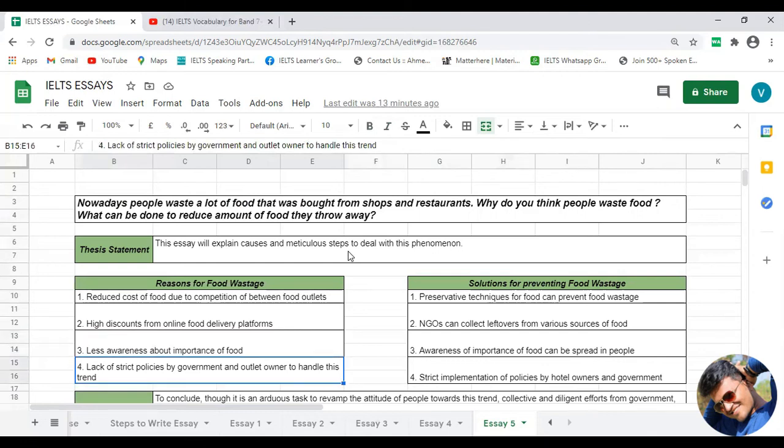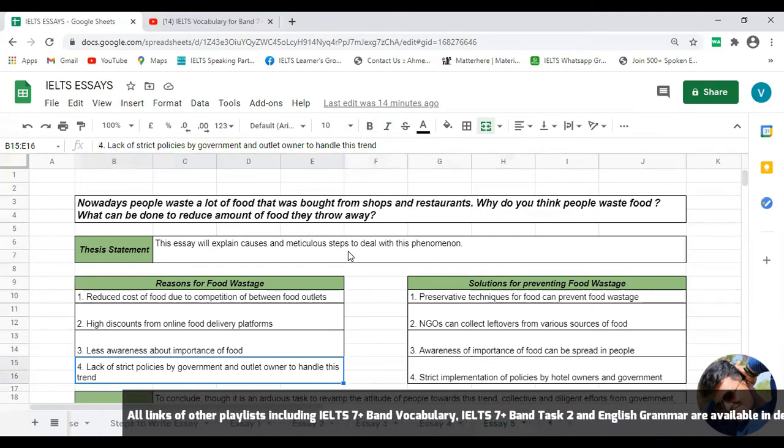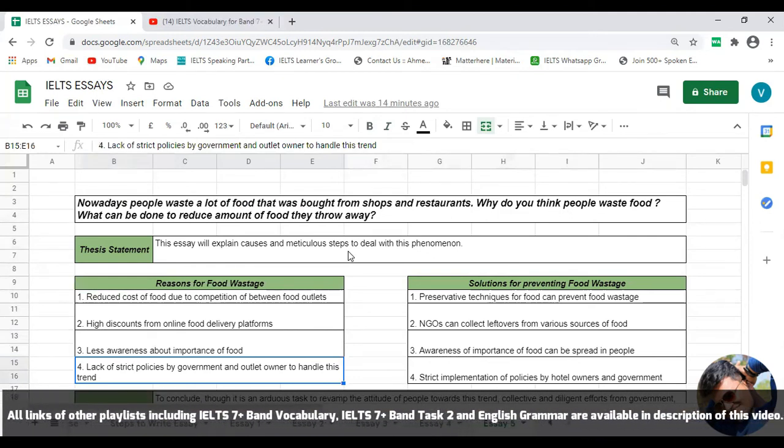The fourth and final reason for food wastage would be lack of strict policies by the government and the outlet owners to handle this trend. In today's world, in most countries, there are no strict rules by the government to prevent this kind of food wastage. Not only for customers, but there are also fewer rules and regulations for outlet owners.